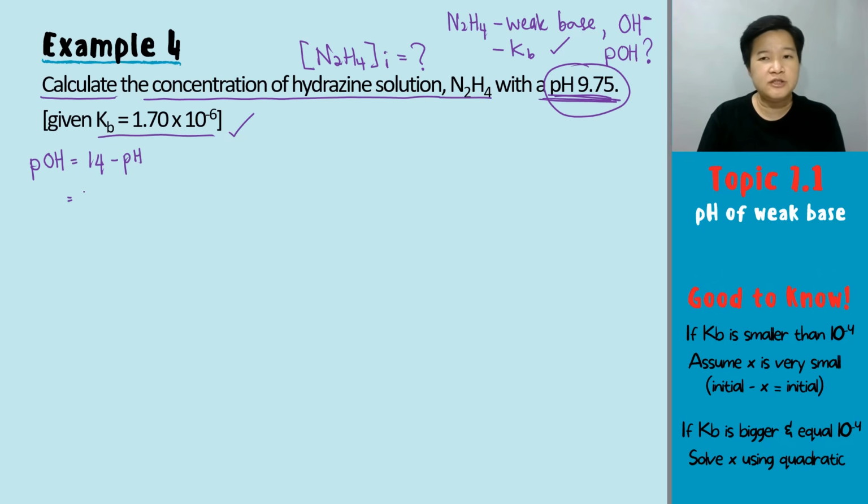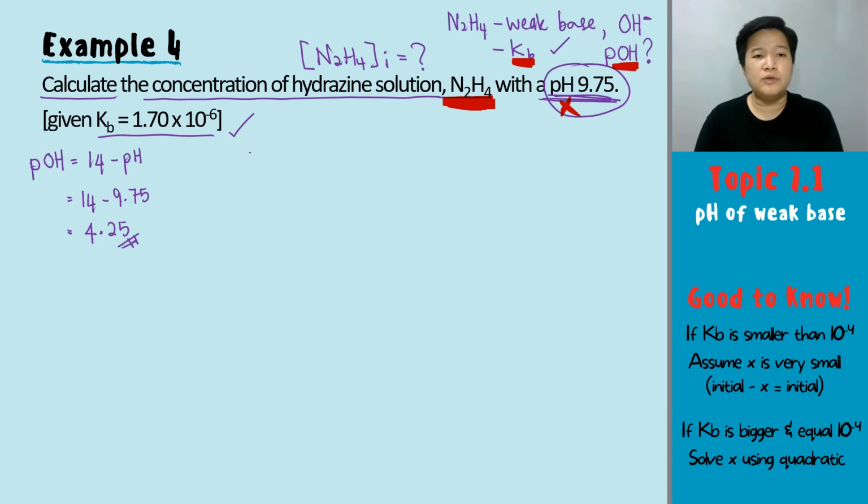So your pOH is 14 minus 9.75 given in the question. The pOH calculated is 4.25. That is our pOH for this weak base. So please make sure you know that this is a base. And in the base, I need a Kb and a pOH, not the pH. Okay?